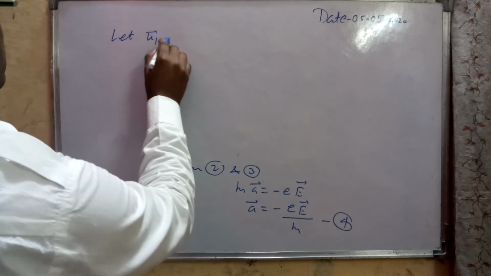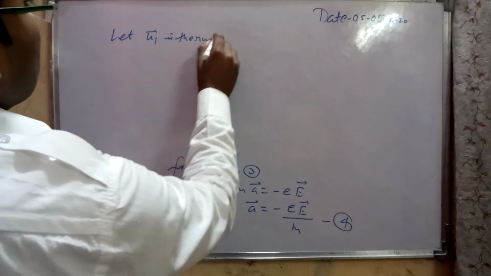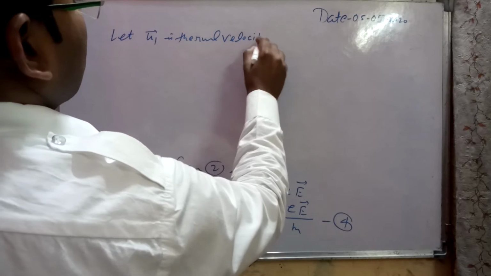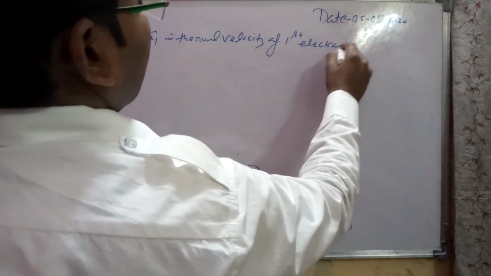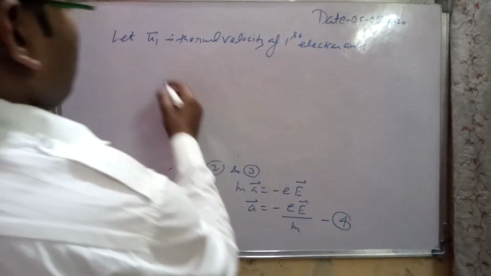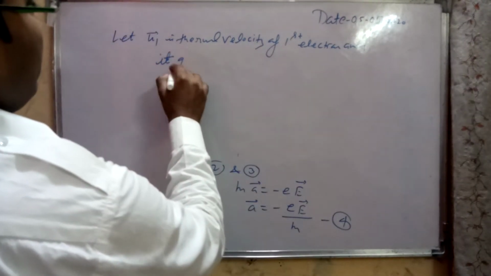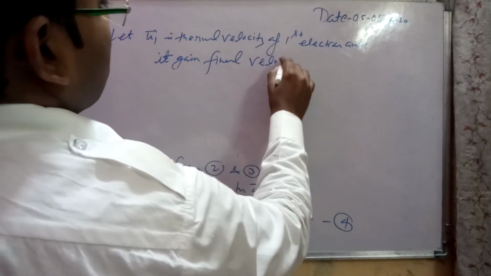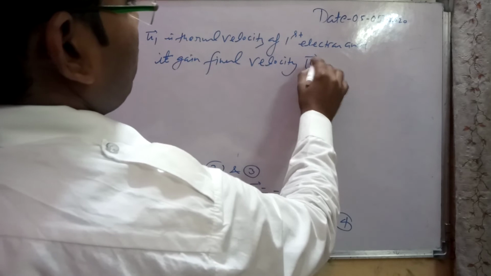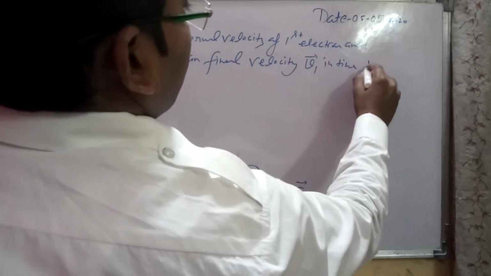Let u1 be the thermal velocity of the first electron, and it gains final velocity v1 in time t1.